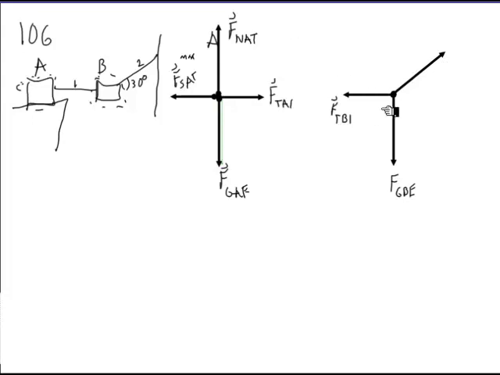But I just like to emphasize that point every time it comes up because it's a confusing concept. Okay, here this angle is 30 degrees, and here we can give this a new name, FT B from our second string. Okay, and neither of these are moving, so the net force on both is 0. You're always happy if that's the case because it makes things easier. I'm going to draw some axes here.